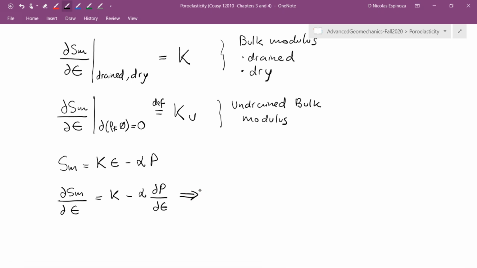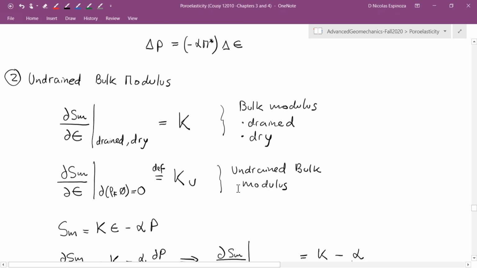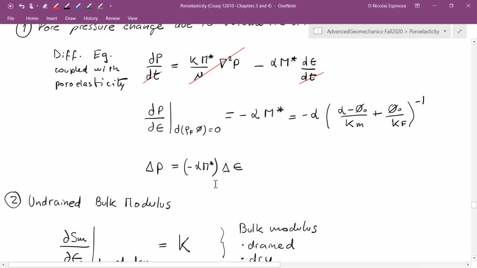So if I were to now extend this equation to the case of undrained loading, where this is the condition for undrained loading, this is going to be equal to K minus alpha, and the change of pressure due to change of volumetric strain is actually what I obtained in the previous equation.